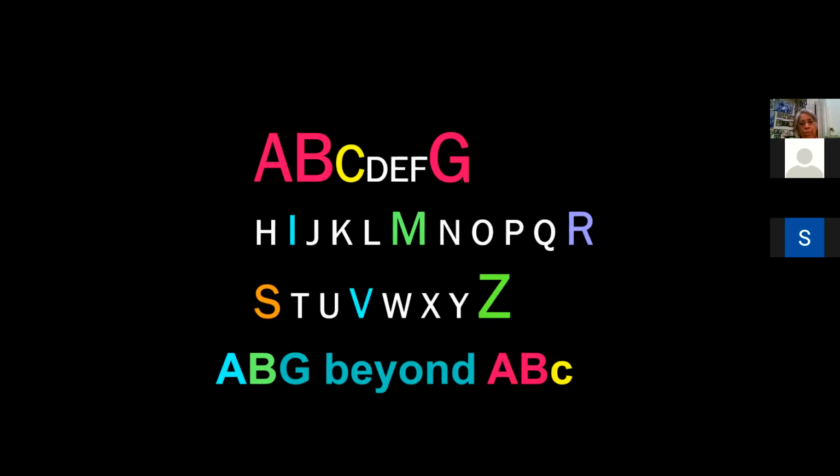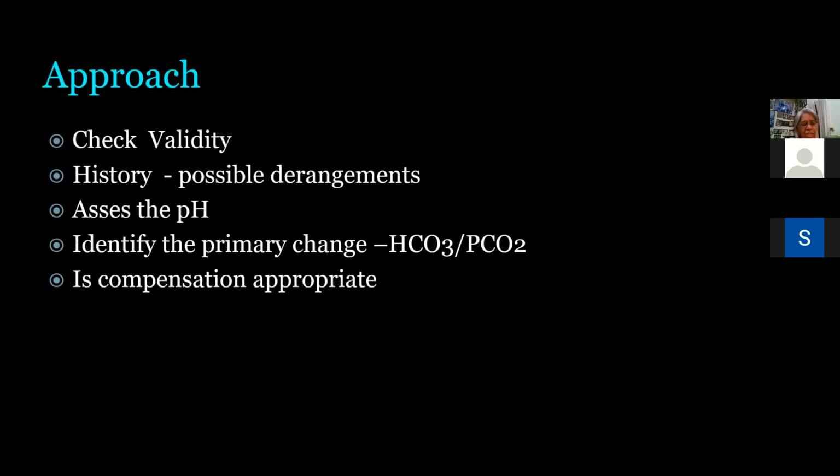Now we go beyond the basic ABG, and we'll go with the cases. Just to put everybody on the same page when we start, for the initial approach to analyzing an acid-base disorder, first you need to check the validity. In the cases which we are going to give, we are presuming there are no technical errors and it is internally valid. We'll begin with the history.